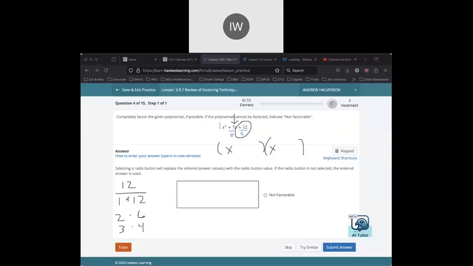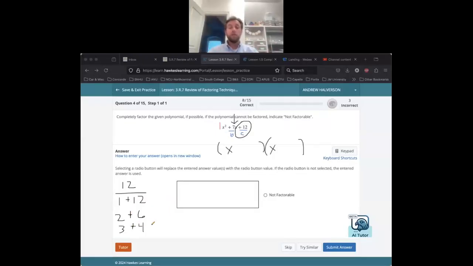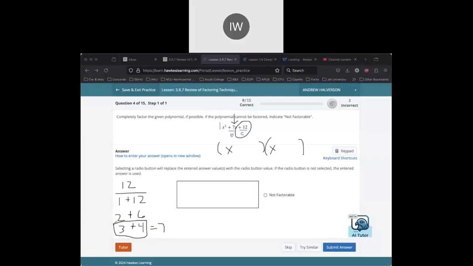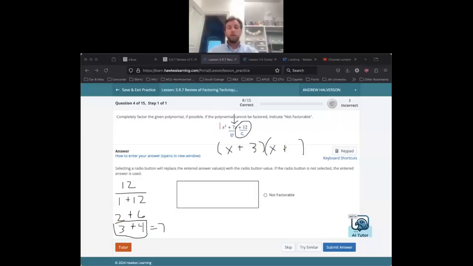It doesn't. So now you add the factors at this point. Find the values that multiply to 12 and add to 7. 3 and 4, this is the one that you want. So +3 and +4. That's how it factors.